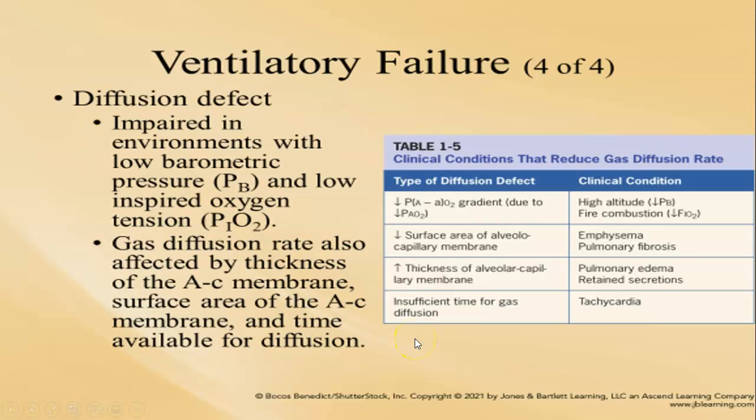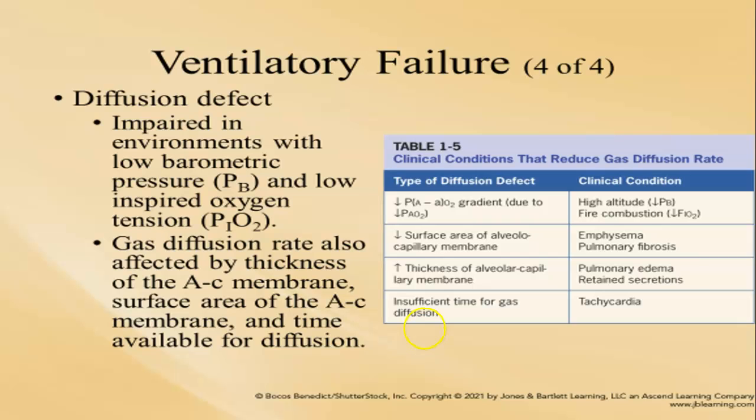So let's look now at impaired diffusion, which is the other problem that's creating these shunts, where the gas is not getting across into the capillary bed. You can have various types of diffusion deficits.